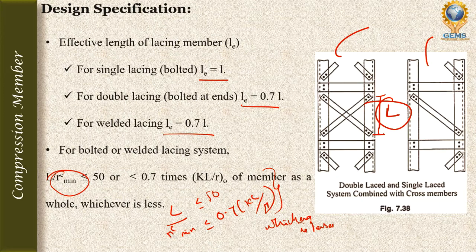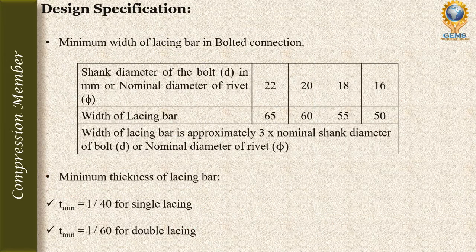So what is the minimum width of the lacing bar? The minimum width of the lacing bar depends upon the shank diameter of the bolt or the nominal diameter of the rivet. If your shank or nominal diameter is 22 mm, then your width is 65 mm.